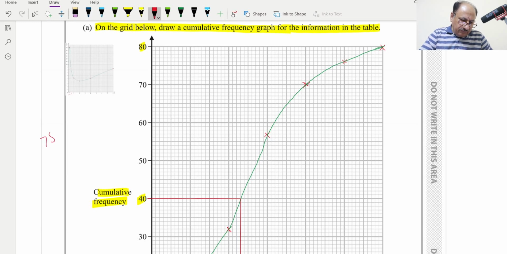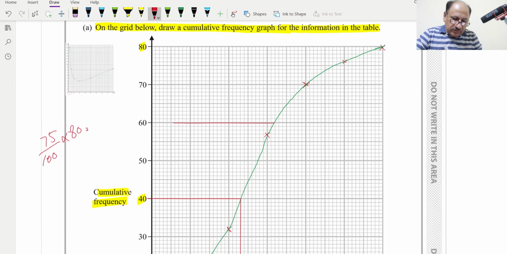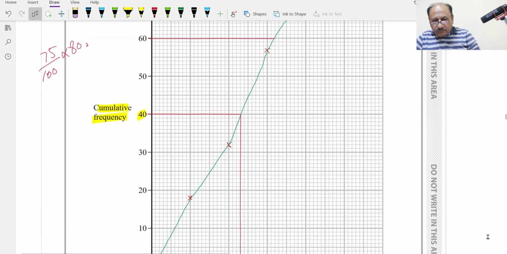Basically 75th percentile of 80 will be equal to 75 over 100 multiplied by 80. This will be equal to 60. So we will check reference from 60, and reference from 60 will be this one, and we can plot this reference towards x-axis as well.